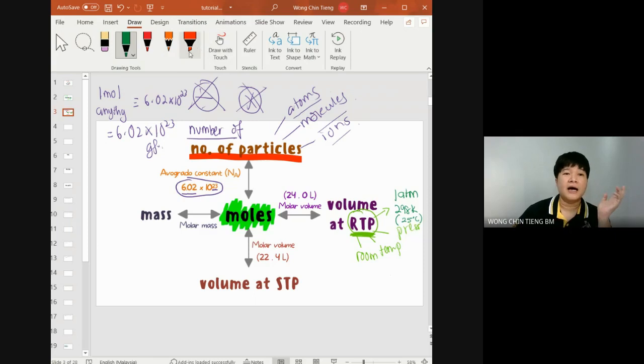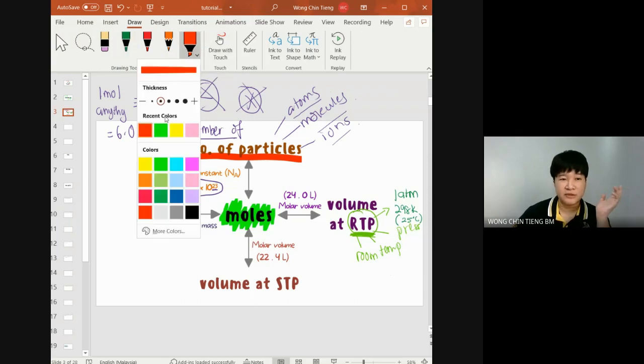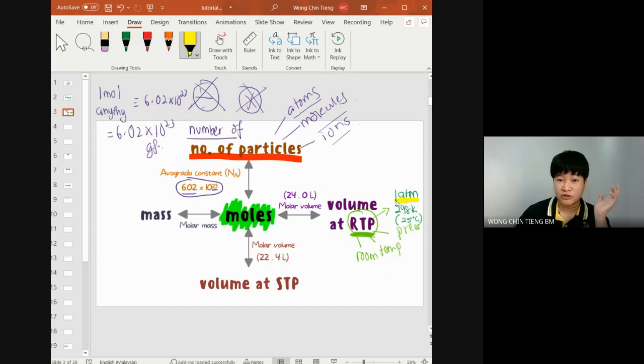Extremely important to know the condition, because sometimes the question won't state room temperature and pressure. Sometimes the question will start with a sentence like: a matriculation student started an experiment at 25 degrees Celsius, 1 atm. The moment the question says 25 degrees Celsius, 1 atm, you should have in your mind that it is room temperature and pressure. Why do you need to know?